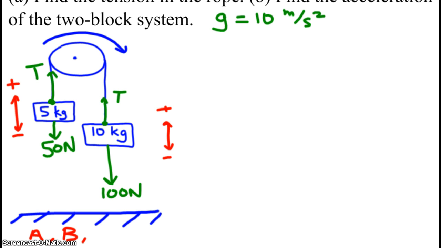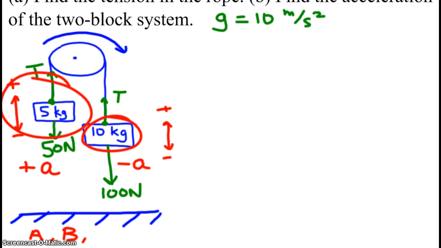If we say that, then the acceleration of this block, as it accelerates down because it's heavier, will have a negative acceleration. And this block, which is accelerating upward, would have a positive acceleration. That is not good.